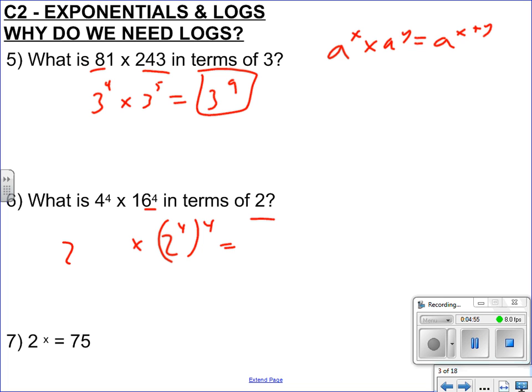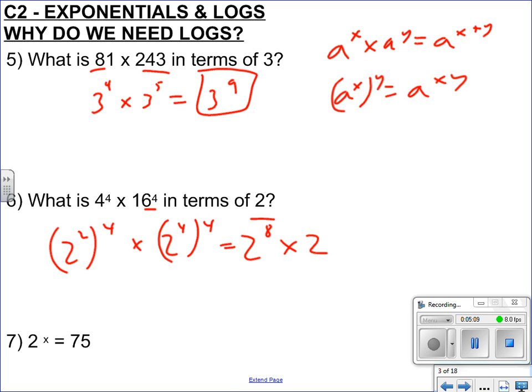So this is 2 squared all to the 4. Now your powers, you've got an a to the xy situation, so your powers are multiplied, so that's 2 to the 2 times 4, that's 8, times 2 to the power of 4 times 4 is 16. So that gives us 2 to the 24.